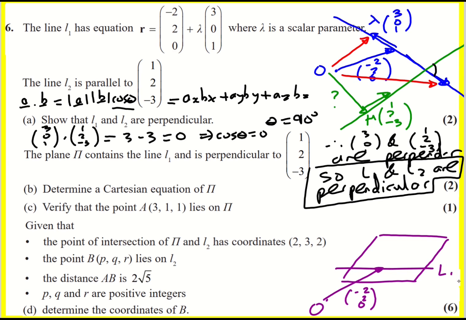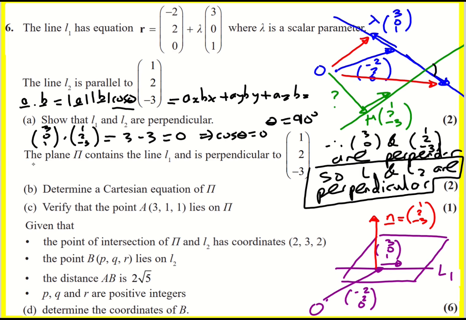This is going to be L1. I've got the vector 3, 0, 1, or some multiple of it. Then told that the 1, 2, minus 3 is perpendicular, so that actually becomes my normal to the plane. I'm going to say n is equal to 1, 2, minus 3.